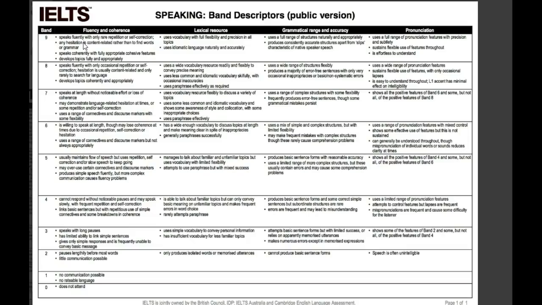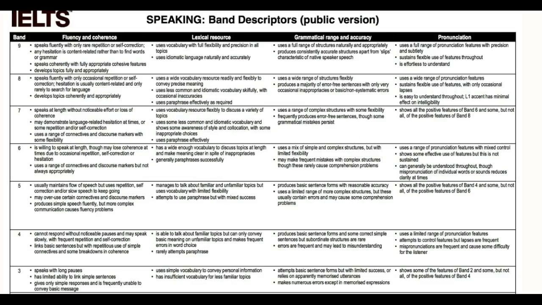So let's actually look at what happens in the fluency and coherence score. Okay, I just made it a little bigger so it would be easier to read. So here we go. At the 9, fluency and coherence says that the test taker speaks fluently with only rare repetition or self-correction.